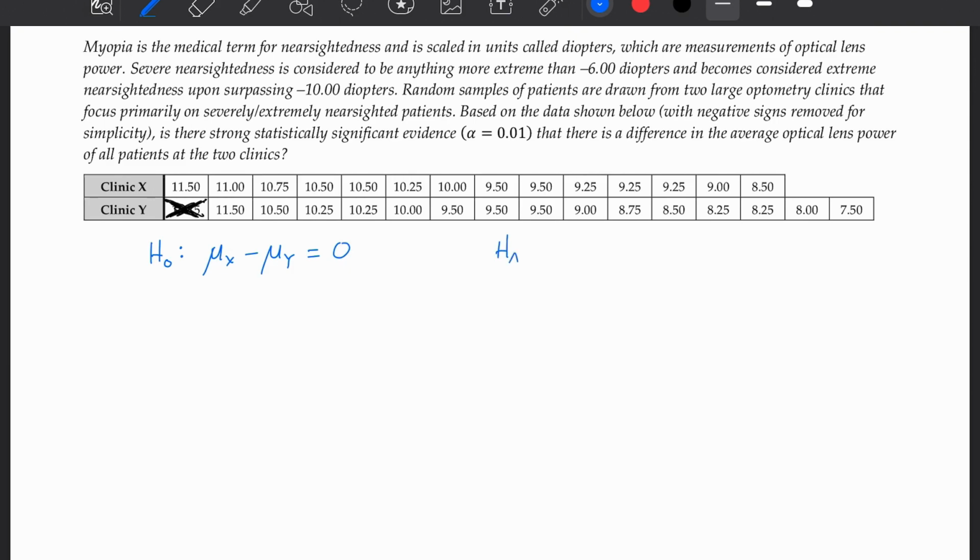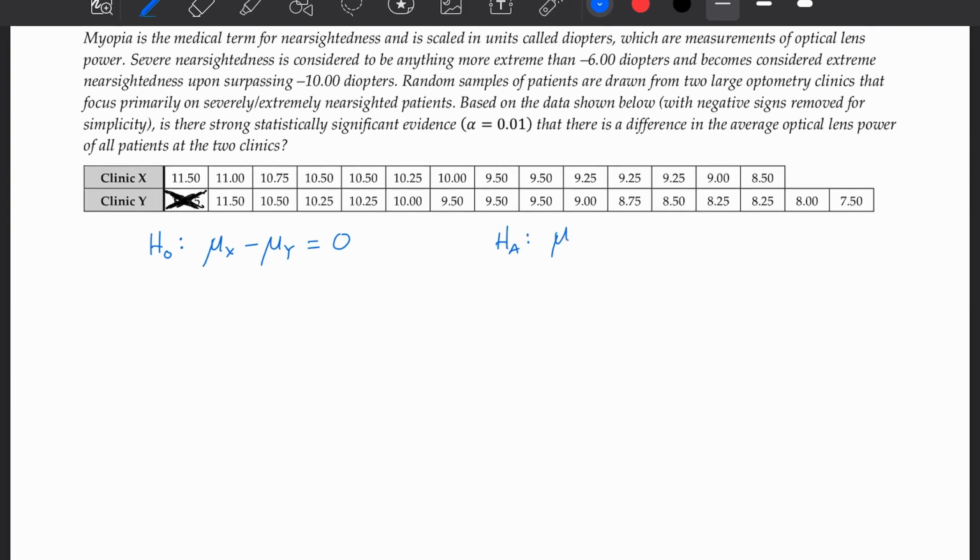The alternative hypothesis in this case, the wording says is there a difference? So it doesn't say whether we think X or Y clinic has greater. So we're going to just say that's mu sub X minus mu sub Y is not equal to 0.